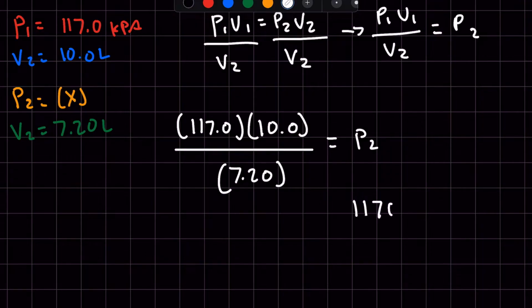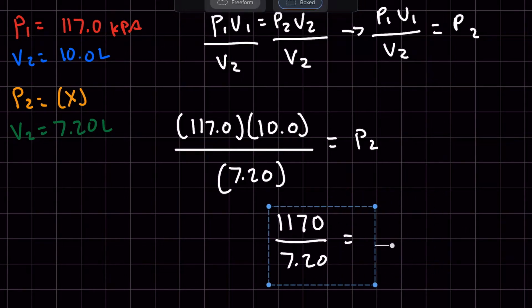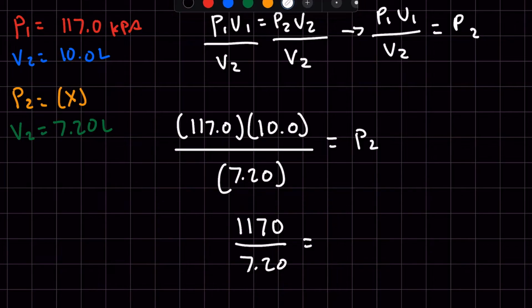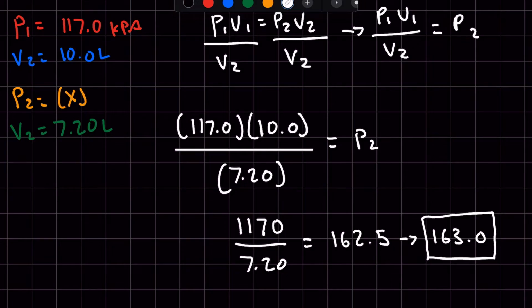And we still have to divide that by 720. If you just do that really quickly, that's going to give us a P2 that equals 162.5. And then the initial question asks us for 3 sig figs, so we can put 163. And that's our final P2. And that's how you do the Boyle's law problem.